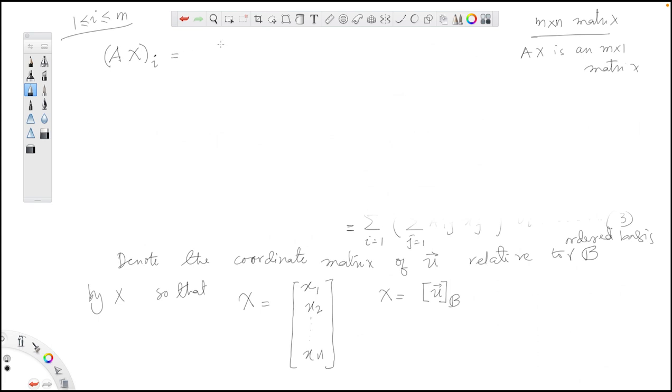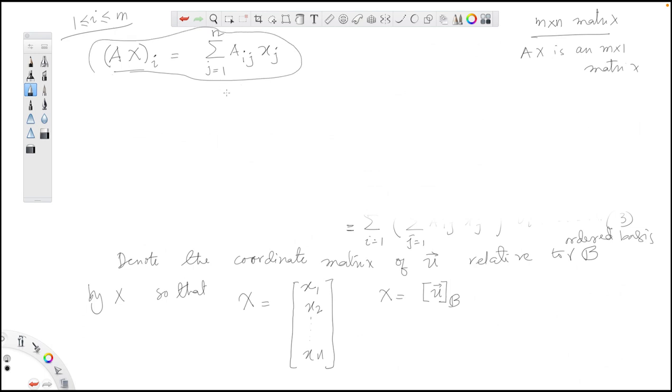We know that it is nothing but the sum over all j, where j runs from 1 to n, of aij xj. So this is AX sub i.